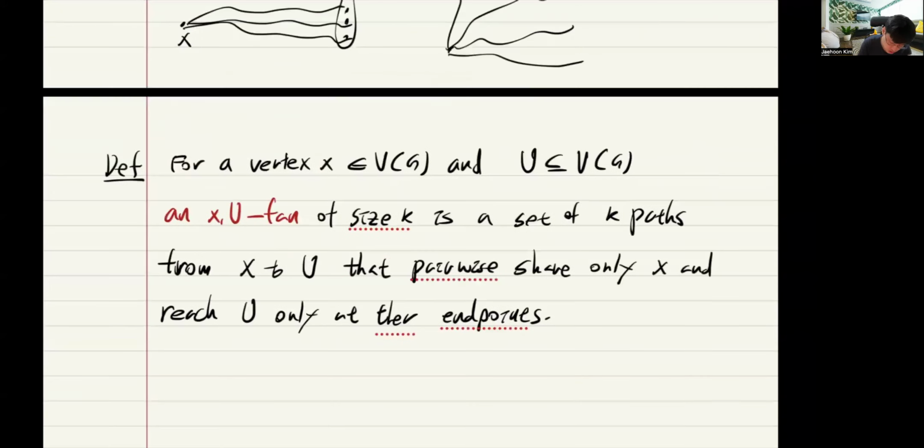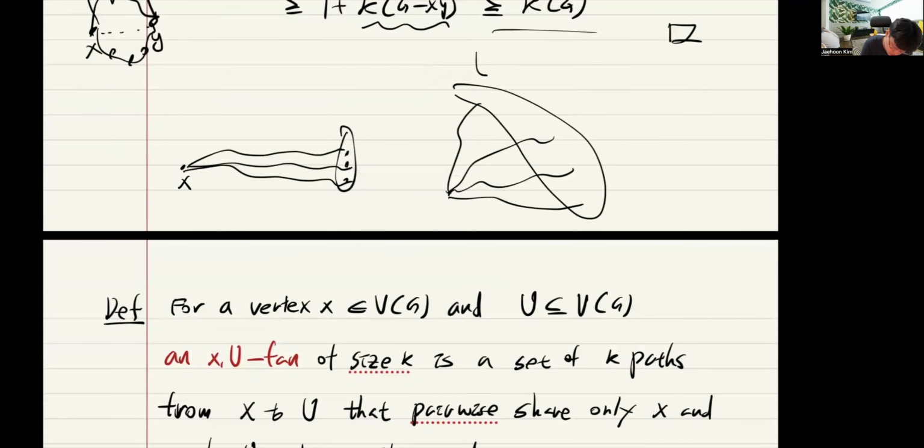Then we call it a fan. The second condition means that we don't allow paths that visit U once and then twice. So those are not what we want.